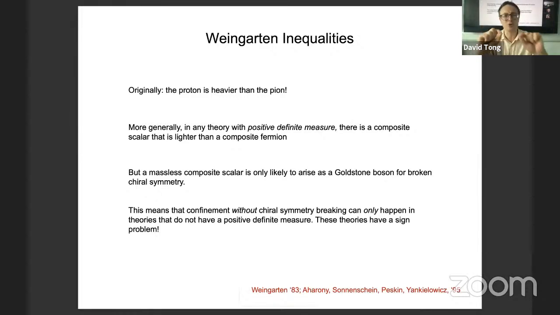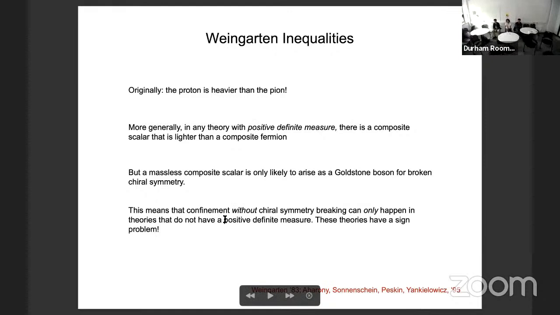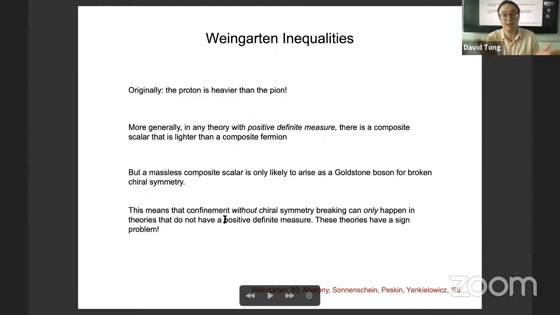It's possible you could just get a finely tuned massless boson and a finely tuned composite fermion, but it seems very, very unlikely. So the Weingarten inequalities basically tell you that confinement without chiral symmetry breaking can only happen in theories that do not have a positive definite measure. And the way this appears in the supersymmetric theories is very clear. It's because you have the scalars. So the scalars look so innocuous. They couple through Yukawa terms.